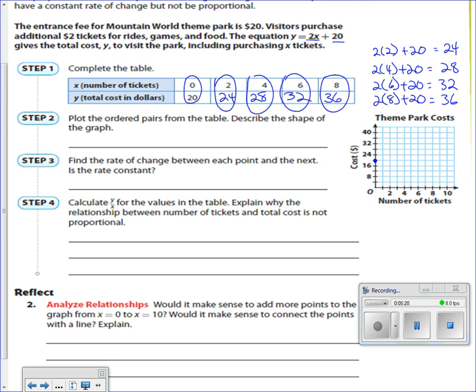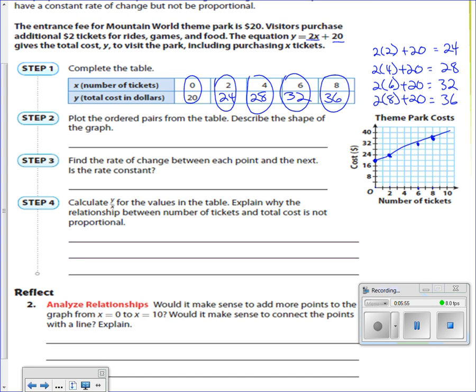And I'm going to go over to 2, up to 24. Go over to 6, up to 32. And then 8, up to 36. And that gives me a line. I know mine's not so straight, but it would make a straight line.